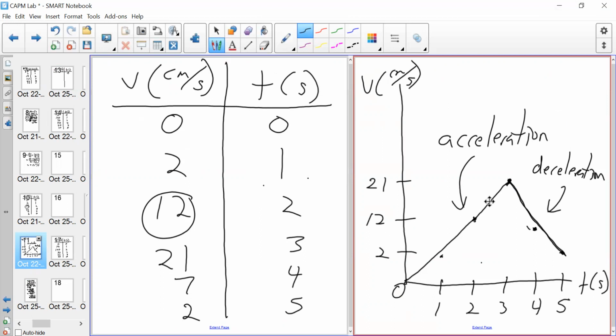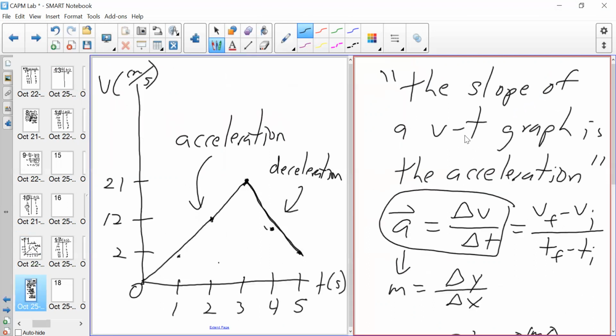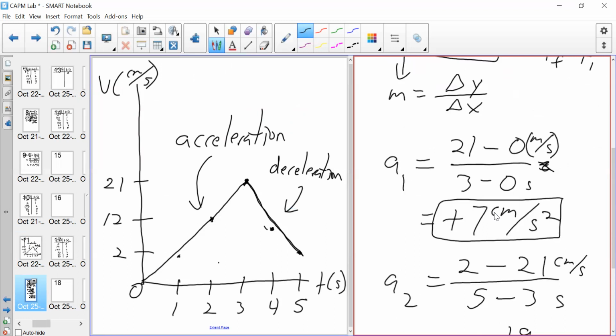Since the slope doesn't change, the acceleration doesn't change. Why is that? Because we know that the slope of a VT graph is the acceleration. Since the slope does not change in this VT graph, the acceleration doesn't change. So the acceleration is going to be constant from 0 to 3 seconds.